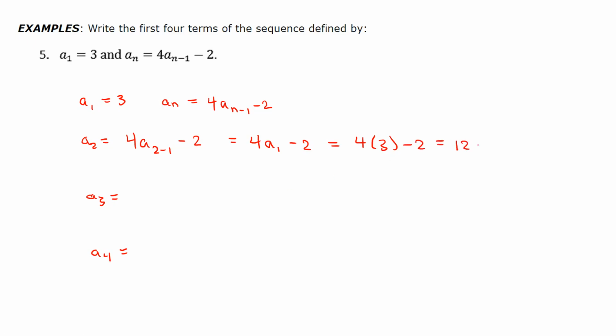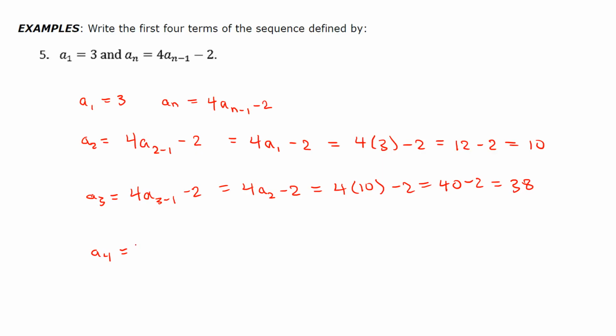So that would be 12 minus 2, which equals 10. So the second term in this sequence would be 10. Let's do the next one. 4 times a subscript 3 minus 1 minus 2. So 4 times a subscript 2 minus 2. Well, a subscript 2, so the second term in the sequence, times 4 would be 4 times 10 minus 2. So that's 40 minus 2, which equals 38.